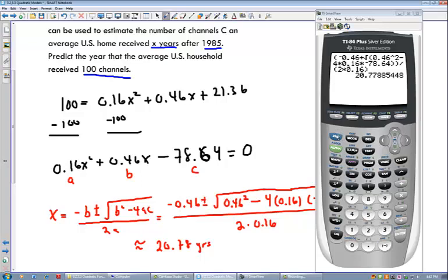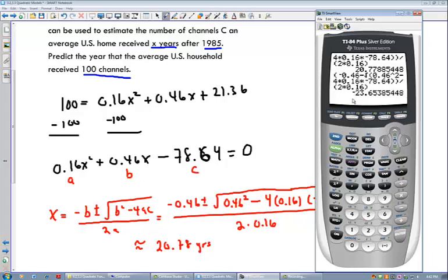Let's see what happens if I do the minus. If I do the minus, we come back up here and I subtract. I get a negative answer, which doesn't make any sense because it goes back in time, so I want to exclude that answer. All I care about is this answer right here. And they want to know the year in which it happened. So this is 20.78 years after 1985.